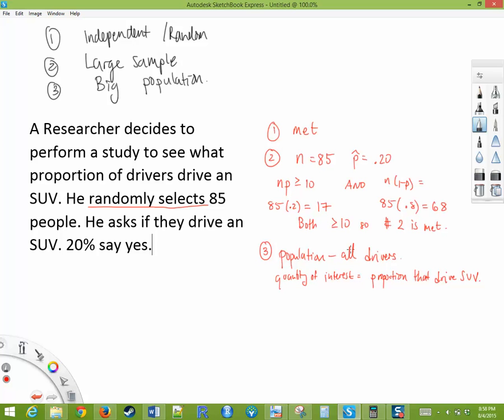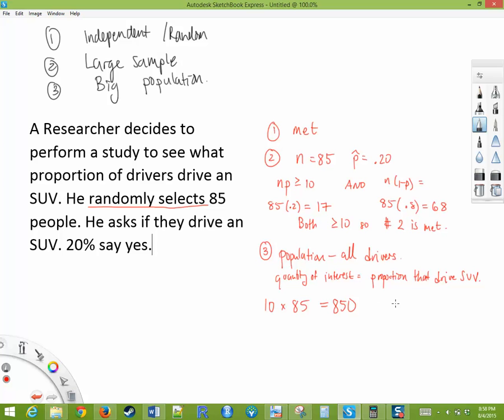To check if this condition is met, I said my population needs to be at least 10 times my sample, right? So my sample is 85, so 10 times my sample is 850. Do we have more than 850 drivers total if we look at all drivers?